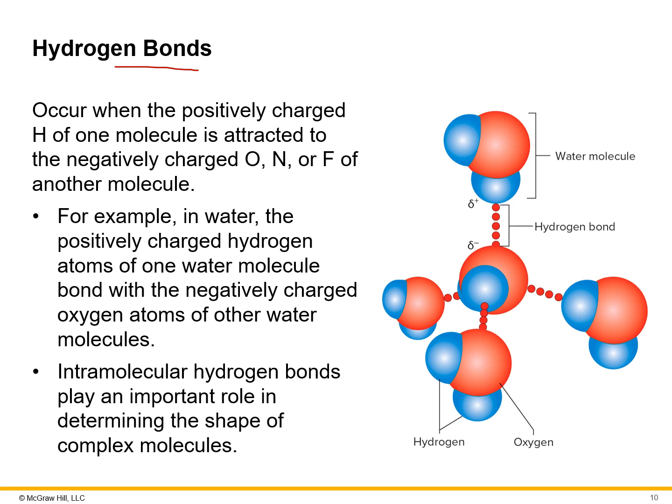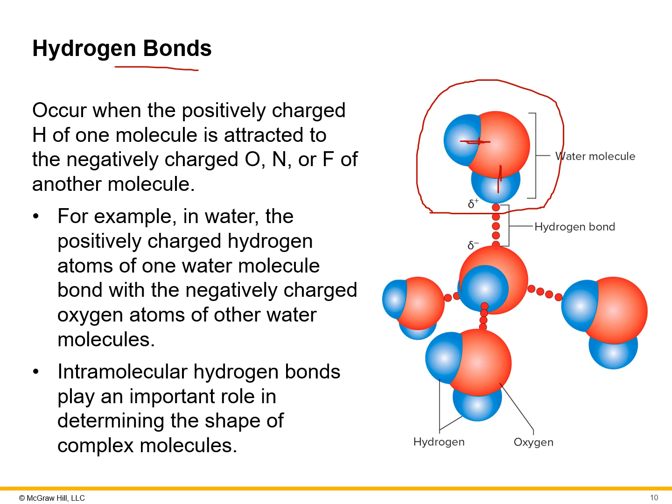Hydrogen bonds are one of the main intermolecular forces that we'll talk about. So this occurs between polar molecules that have hydrogen in them. So remember our water molecule here, just a quick refresher. It's made up of polar covalent bonds, so between the oxygens and the hydrogens, so oxygen in red, hydrogen in blue.